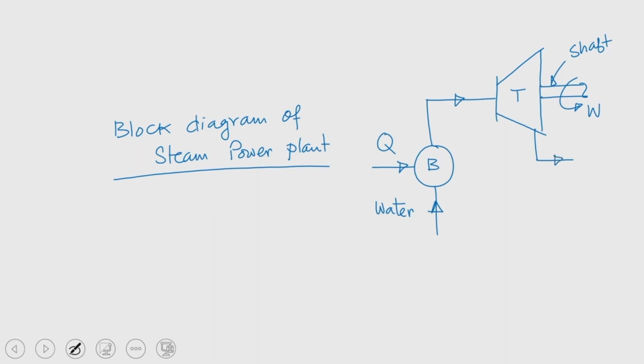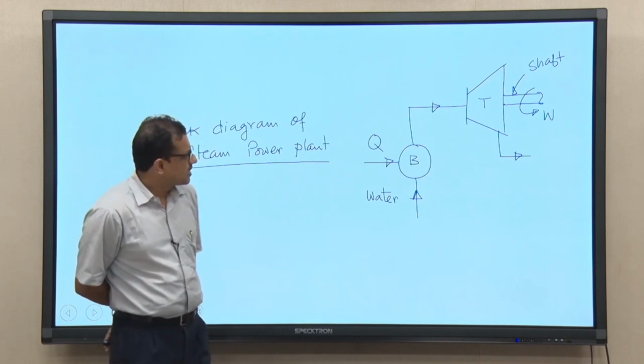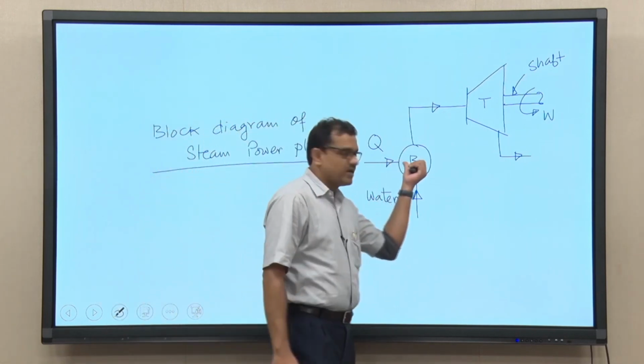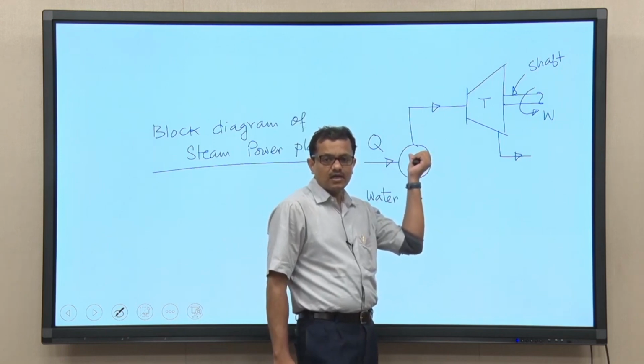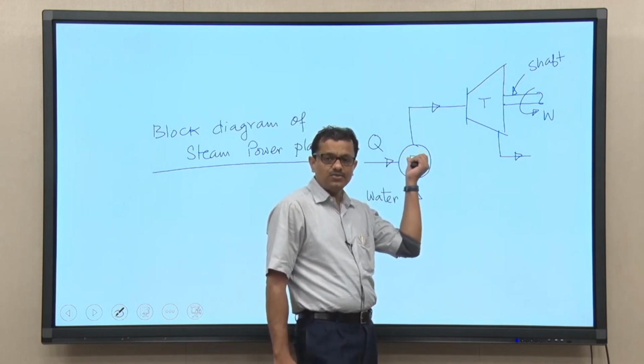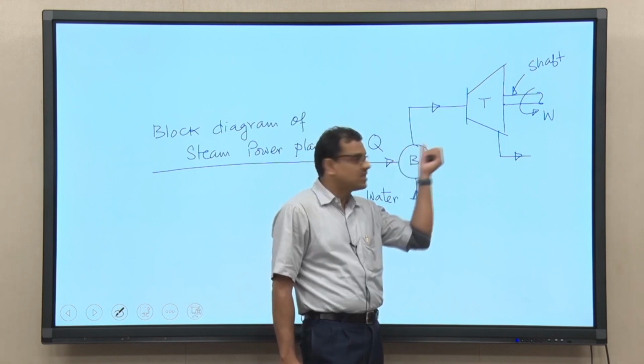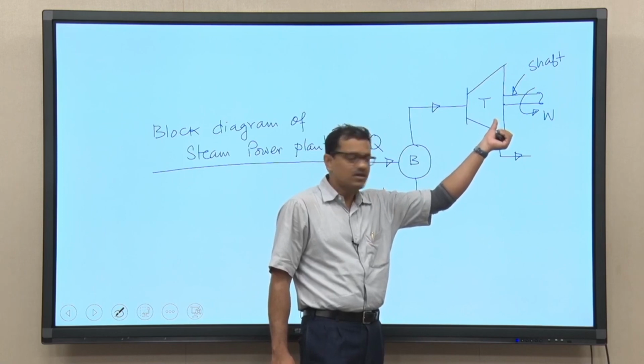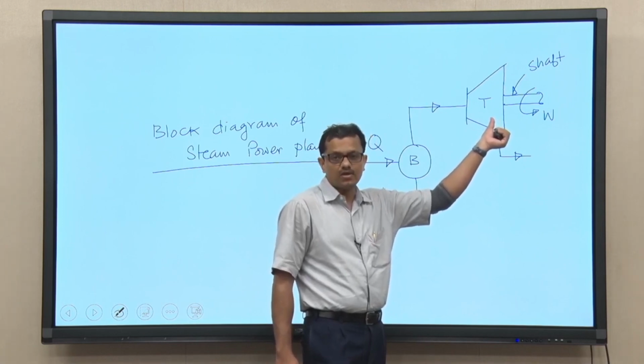You have studied in thermodynamics that heat and work are two different forms of energy, and there is a distinction between them: one is low grade energy, the other is high grade energy. Try to understand that the amount of energy added to the boiler in the form of heat is not equal to the amount of energy we extract from the turbine in the form of work.